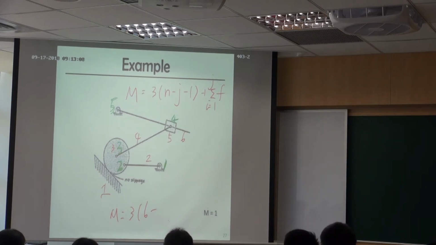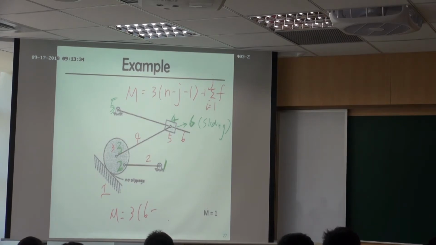R joint means the revolute joint, so it only allows rotational motion. We also have one slider joint here, so I label it as 6. This one is a sliding joint.